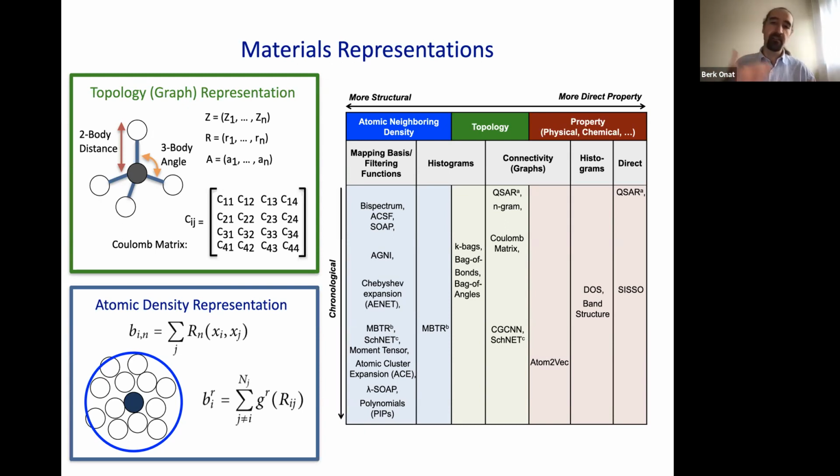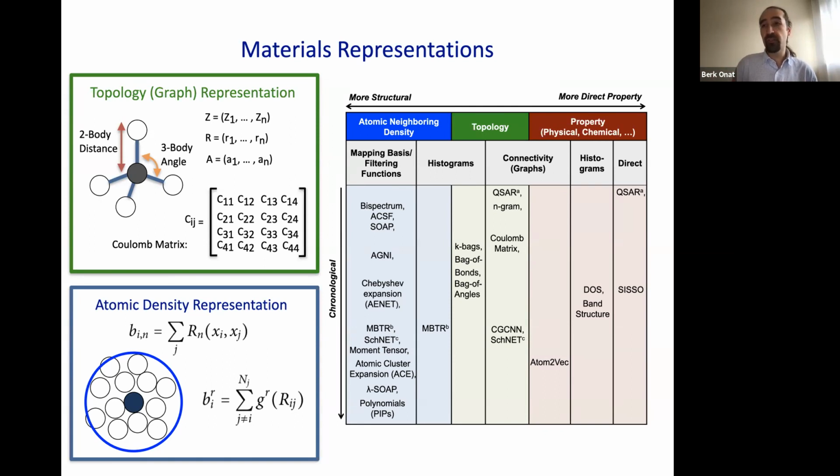And the others, the Chebyshev polynomial representation of ANet, for example, and recently the atomic cluster expansion, ACE, which will also be covered in other talks this week, I think. All of them are based on the atom density representation of the bottom part, as you can see. So we represent this in terms of the neighbors around a specific atom at the center.